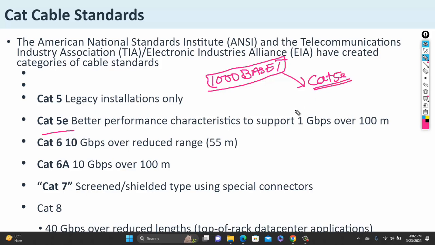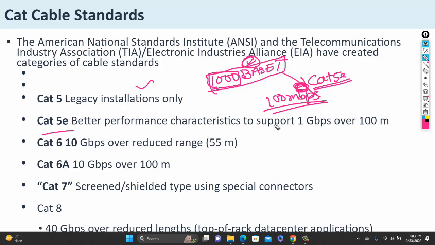Otherwise, because this Ethernet adapter has the capability to process 1000 megabits or 1 Gb, but if the cable is only CAT 5, the data will be transferred at only 100 Mbps. Got it?